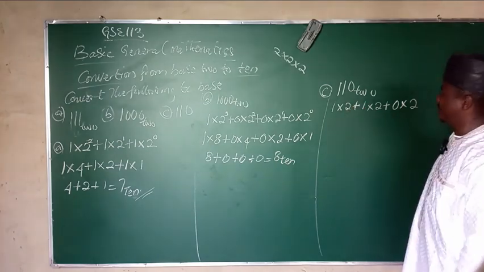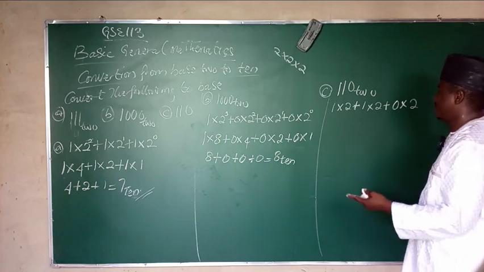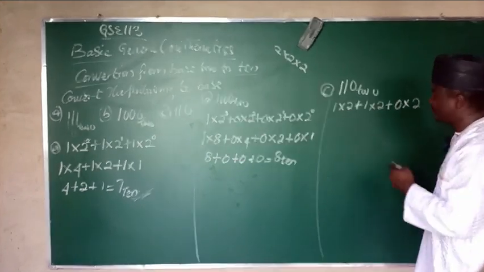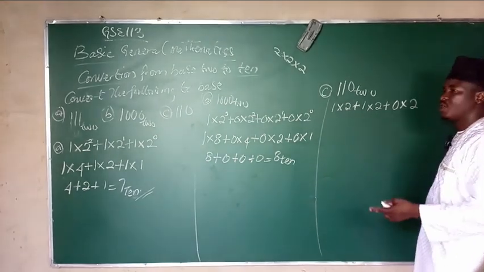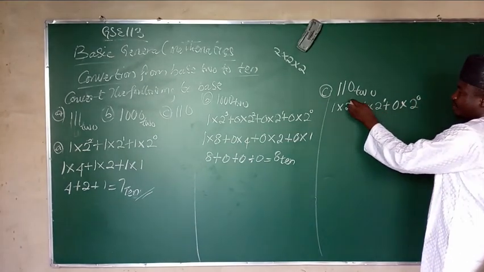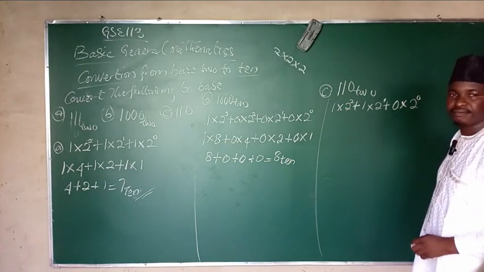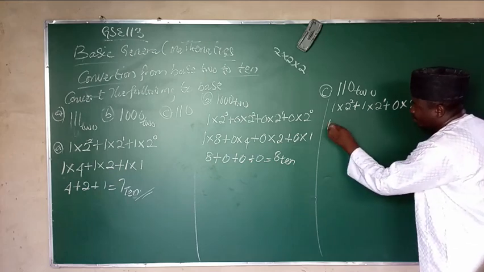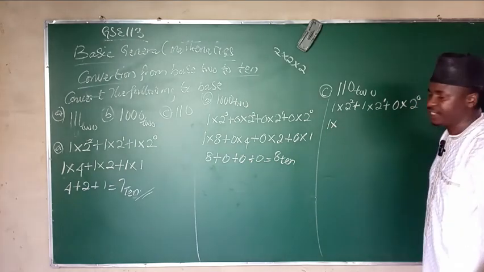Having arrived at this stage, then we give them the place value, or we power the base from 0 in a descending order. There we have 0, 1, 2. What next? As usual, is multiplying or taking care of those digits with the power.